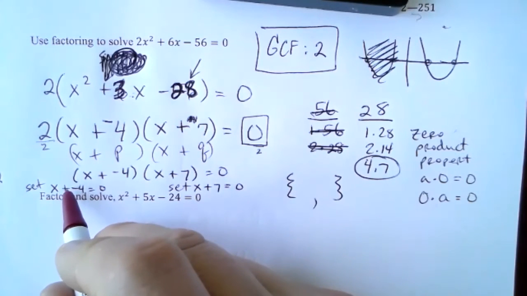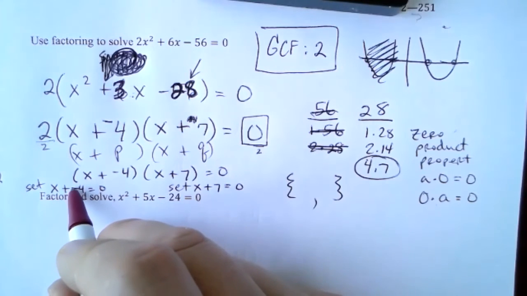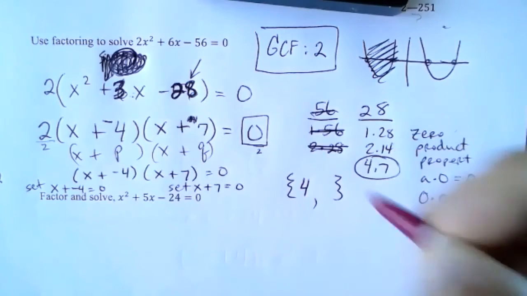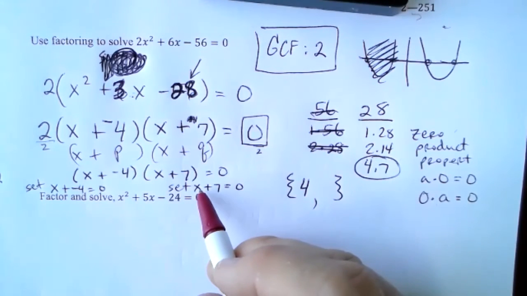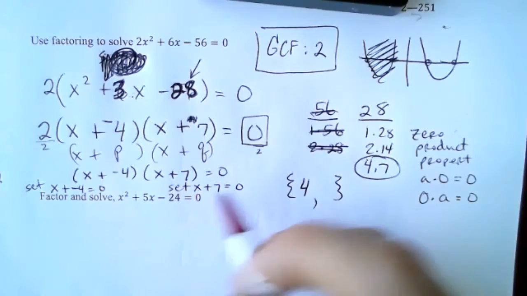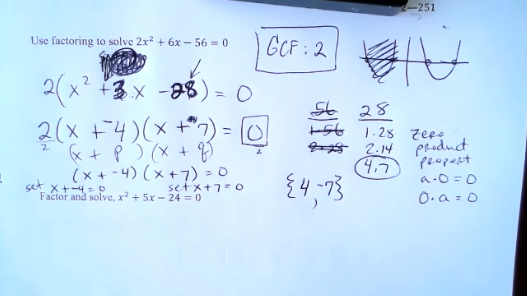So let's solve this right here. 4 take away 4 is 0, right? So my first x would be 4. And in this case, 7 take away 7 is 0, right? So x would be -7. So there's my roots, there's my solutions.